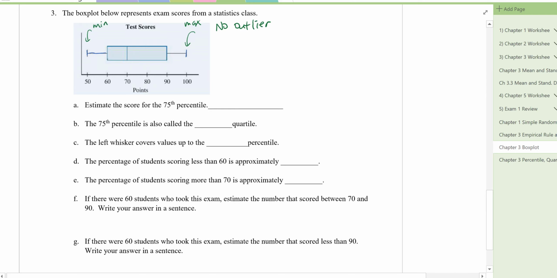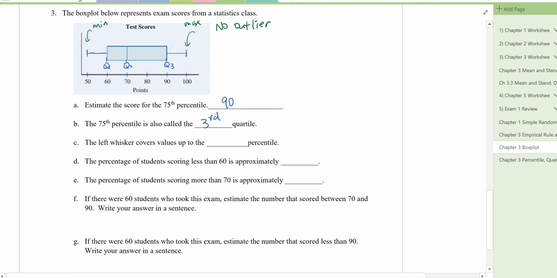And this is your Q1, and that's Q2, which is the median, and Q3. So the 75th percentile is your Q3, and that's approximately 90. So the score will be 90. The 75th percentile is also the third quartile, or Q3.